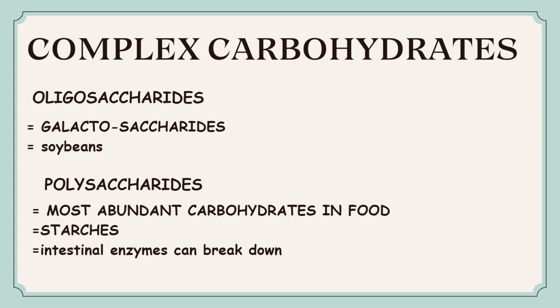The complex carbohydrates come next. There are other oligosaccharides such as galactose oligosaccharides, which are essentially short chains of galactose molecules similar to those in soybeans. The most abundant form of carbohydrate in food is polysaccharides, which are even longer chains with branches. Enzymes found in the human gut can break down the molecular bond that binds sugar molecules to form starch, which is a polysaccharide.